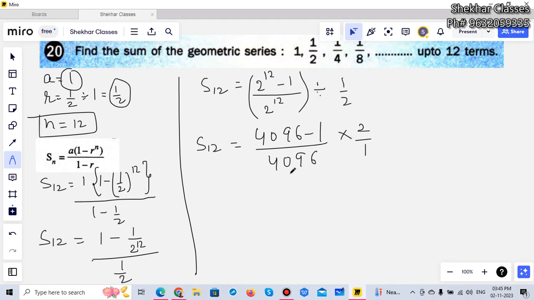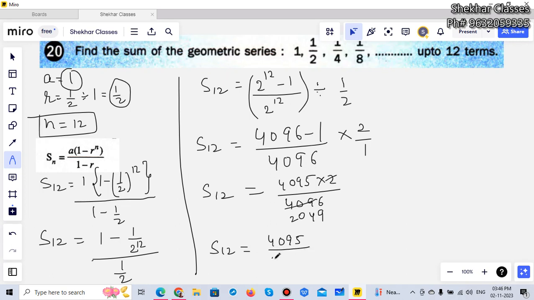It will be 2 upon 1. So S12 is 4095 into 2 upon 4096, and this 2 will get cancelled here. 2 to the 8, right? 2 to the 9 is 512... here I made a mistake.